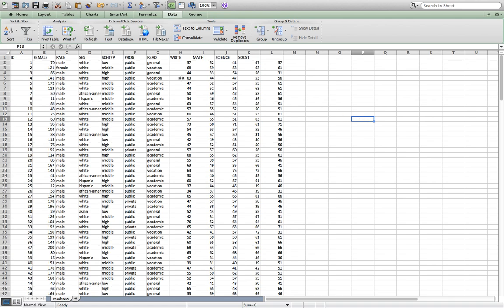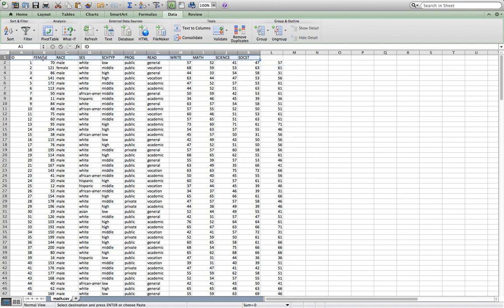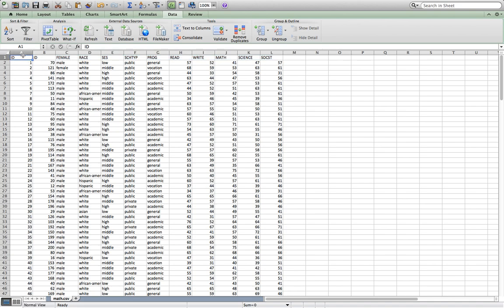Now I'm off a little bit. Notice that the heading here is off a little bit, but that's easily fixed. I can just copy that, start right there and paste over, and I can get rid of this column, if I need to.